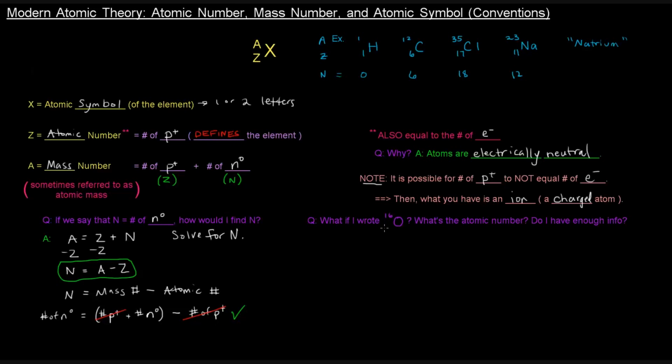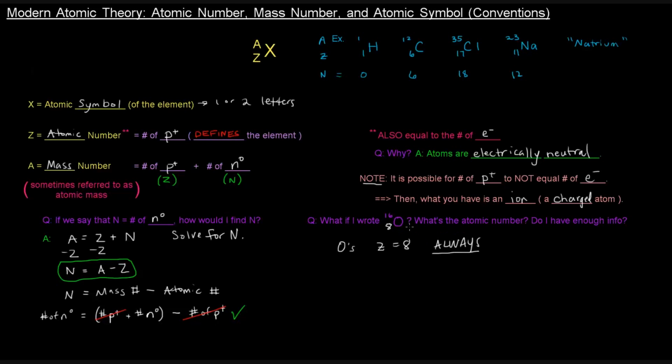And if you look on the periodic table for oxygen, its atomic number is 8. Oxygen has the atomic number 8. O's Z, its atomic number, is 8. Always. If you have an atomic number other than 8, you don't have oxygen. But if you do have an atomic number of 8, you have oxygen.